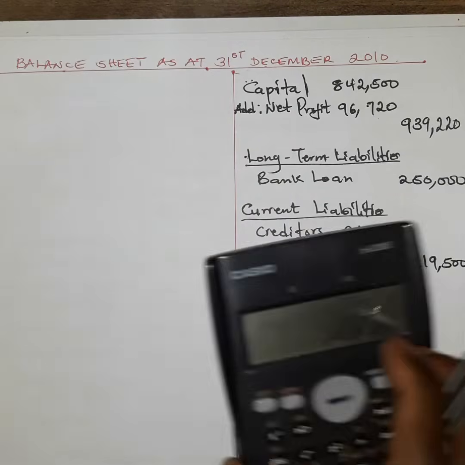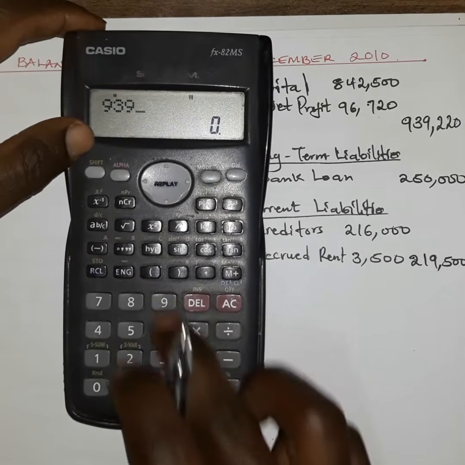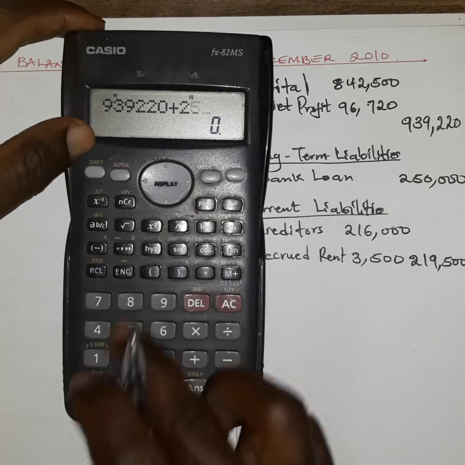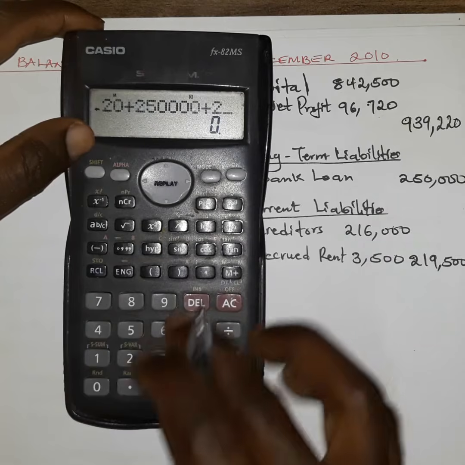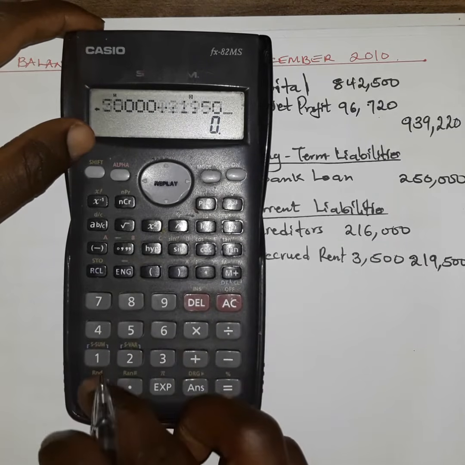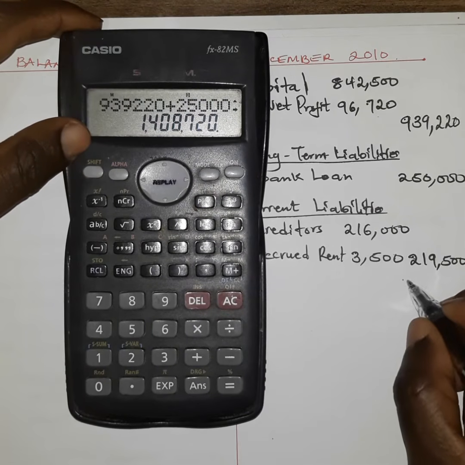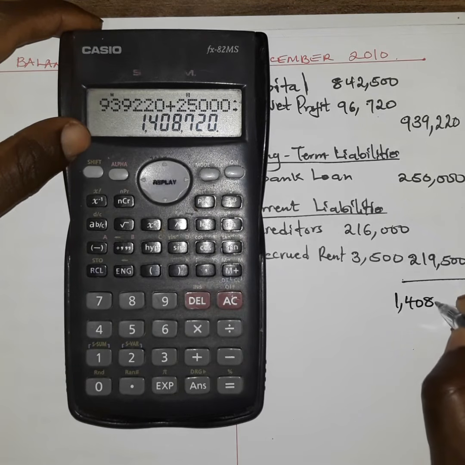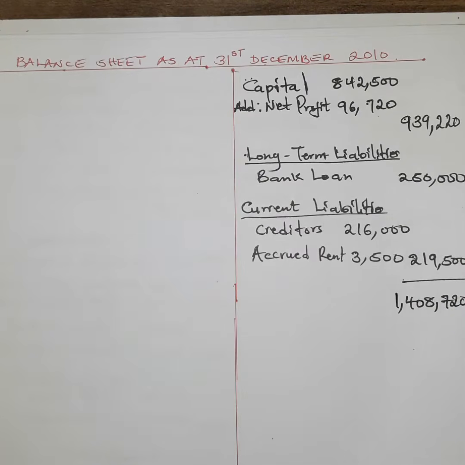So when you add 939,220 plus 250,000 plus 219,500, we get a value of 1,408,720.